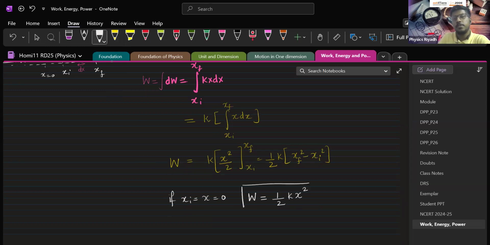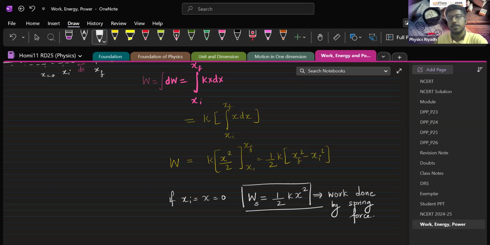So this is the work done by the spring force. You have to remember this formula because it's very useful in solving questions, so keep this in mind.